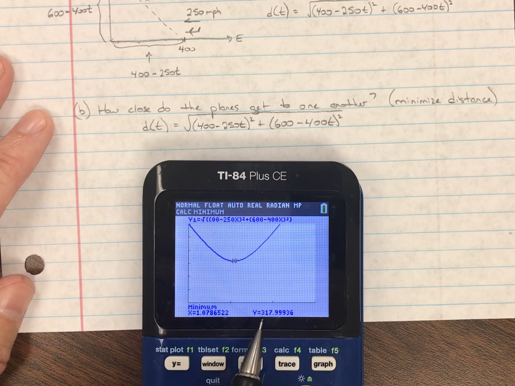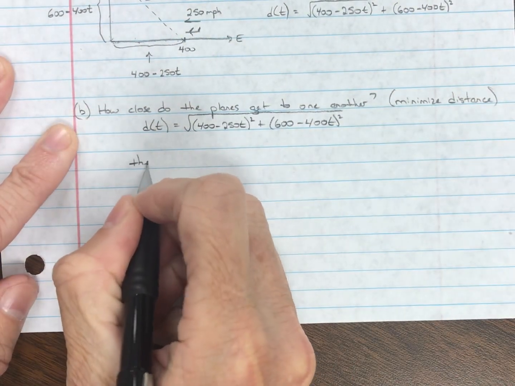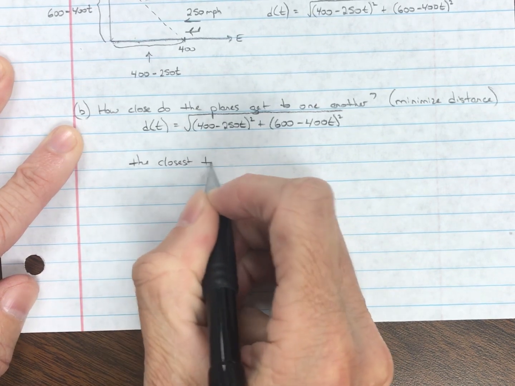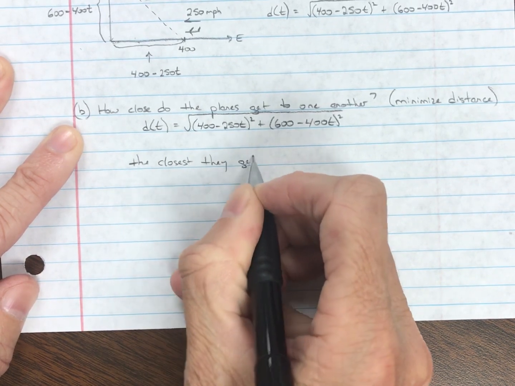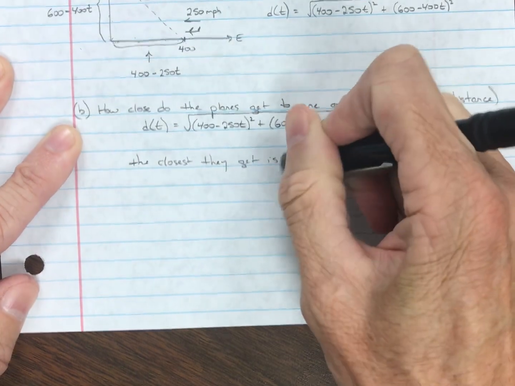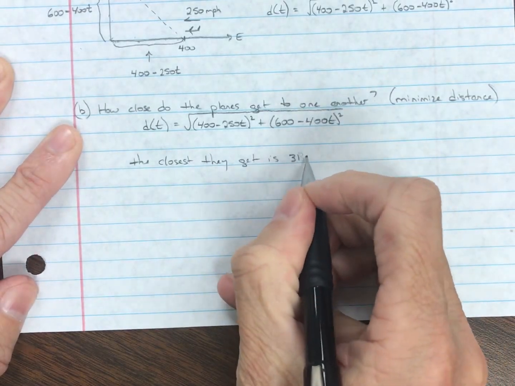If I round this to the nearest whole number, the closest they get is 318 miles.